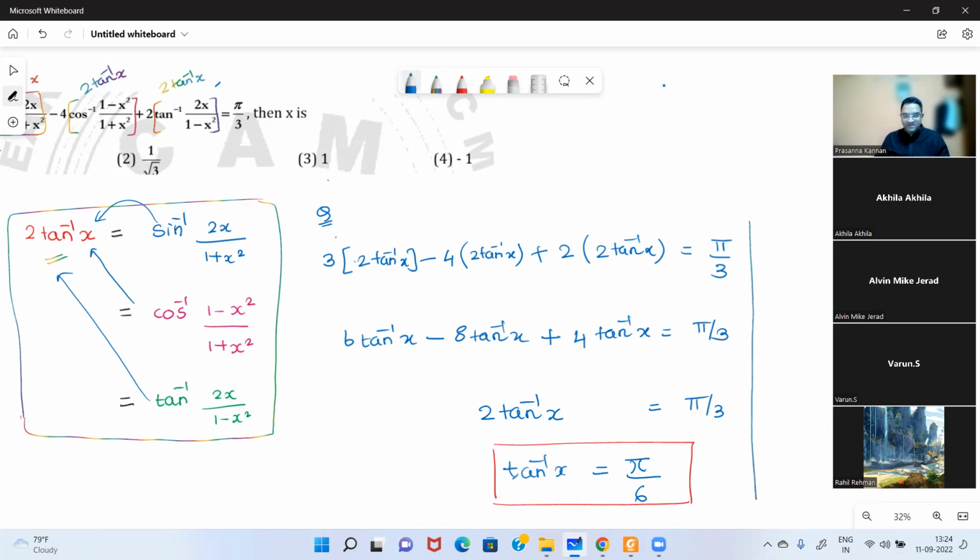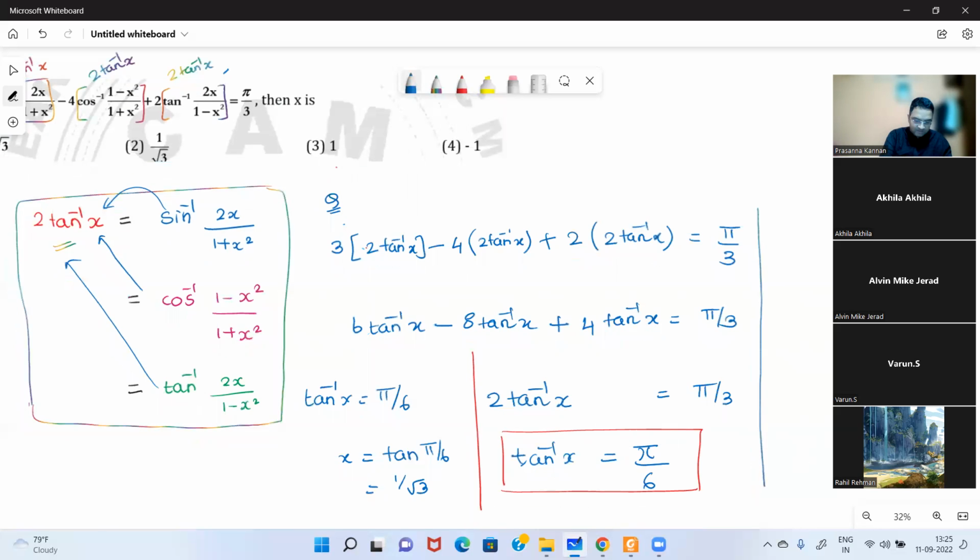So if tan inverse x is equal to pi by 6, we have got tan inverse x to be equal to pi by 6. Therefore, x will be equal to tan pi by 6. What is tan pi by 6? Tan 30 degrees. What is tan 30 degrees? 1 by root 3. Clear?